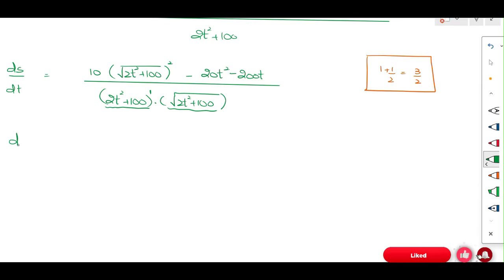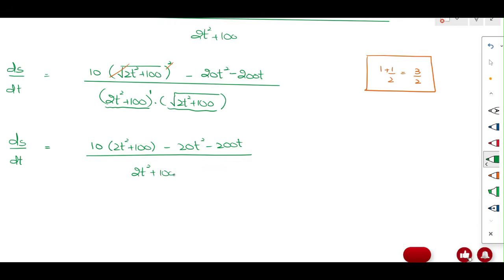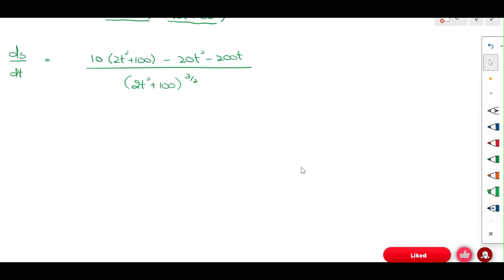Okay, so ds over dt becomes 10. Now this square and the square root is cancelled out. We have 2t square plus 100 minus 20t square minus 200t divided by 2t square plus 100 to the power 3 by 2. Okay, so this is ds over dt, right?